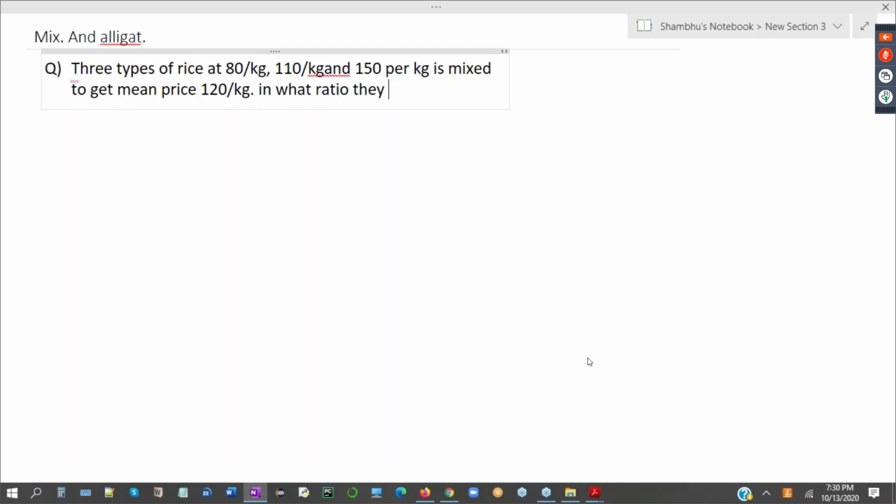In what ratio are they mixed? Can you try how to mix 3 items?